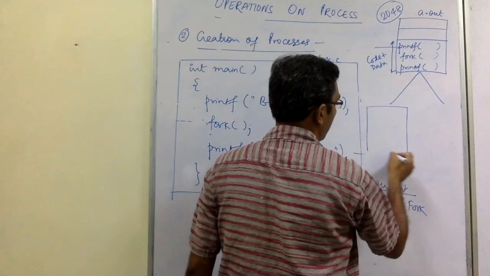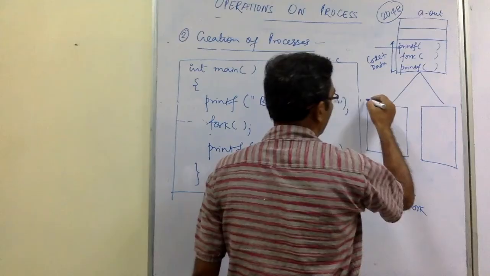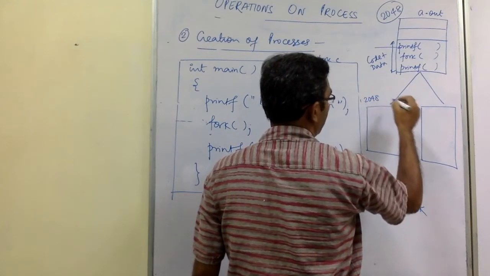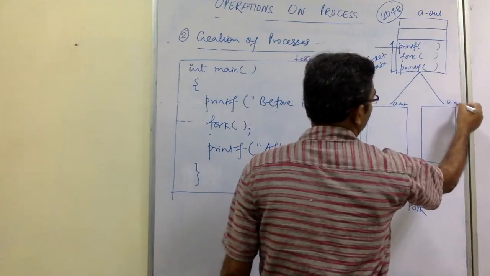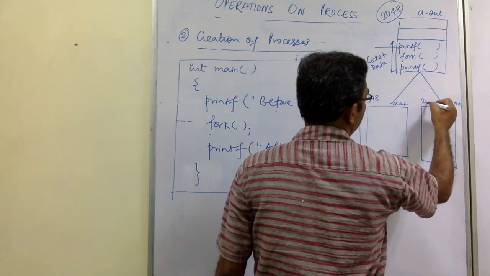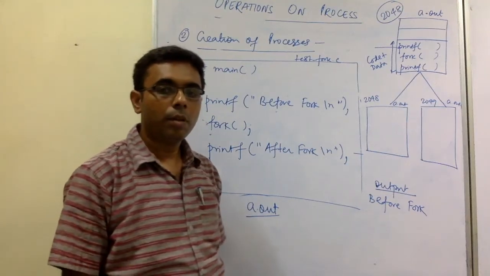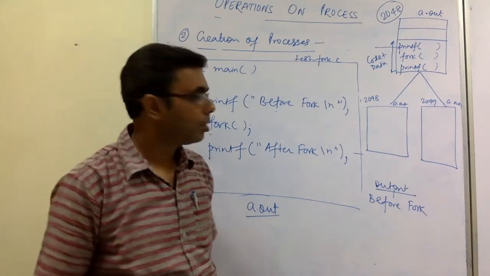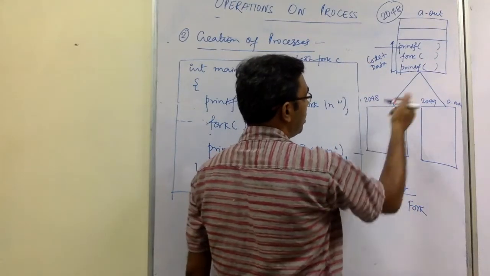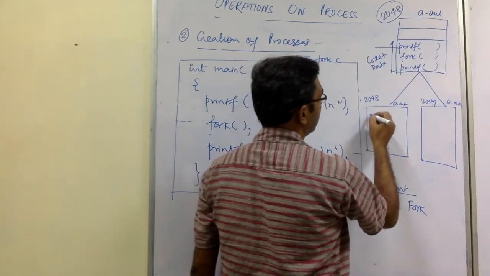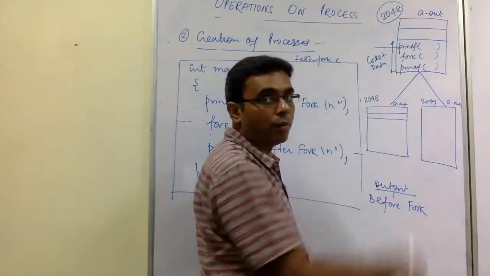Okay, one more process. So let us say this is 2048, this is a.out, and this is also a.out. But this is 2049. It's an independent process. But it's the clone of the parent. So this is the parent and this is the child. So what do you have in this parent? You have all the other segments of the memory image.